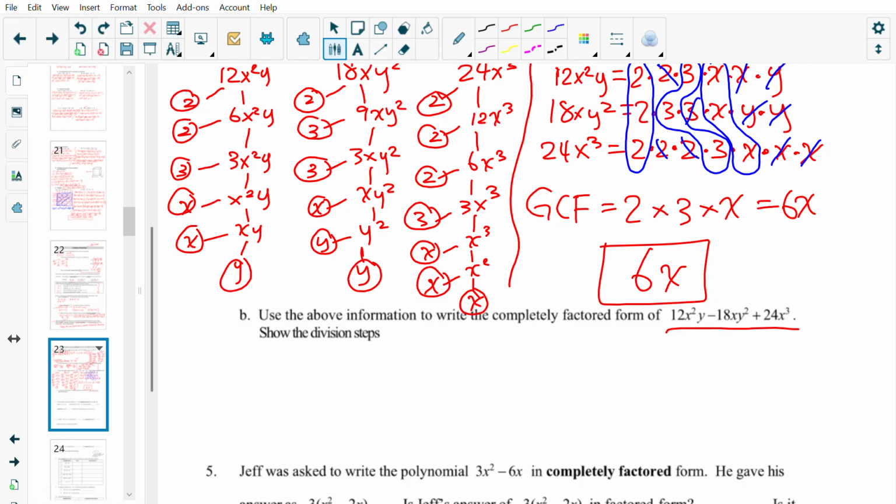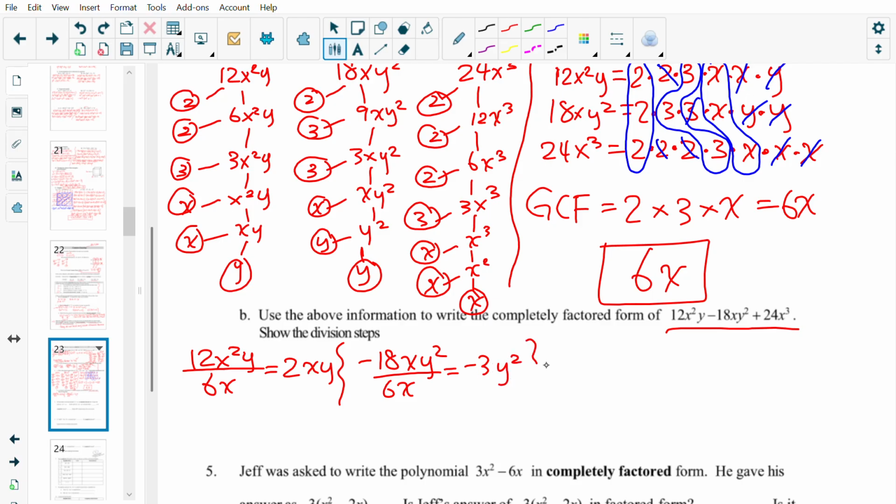So now I have this polynomial expression, 12x squared y minus 18xy squared plus 24x cubed. Each term will get divided by 6x. That is 2xy. Negative 18xy squared divided by 6x is negative 3y squared.